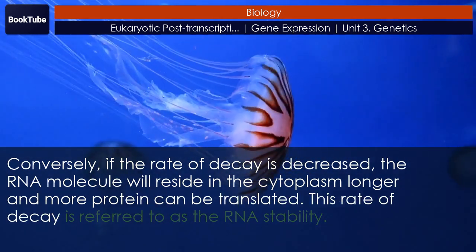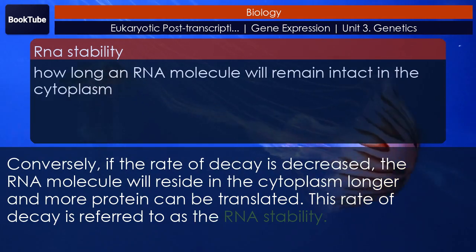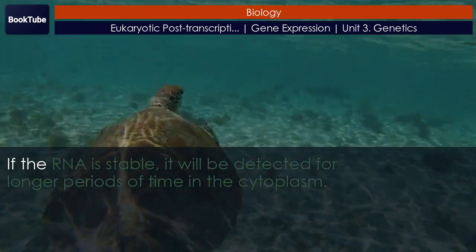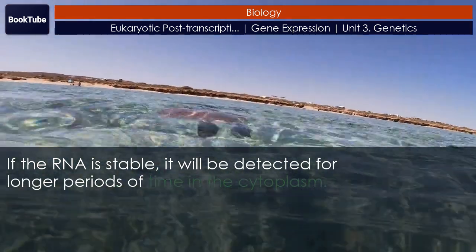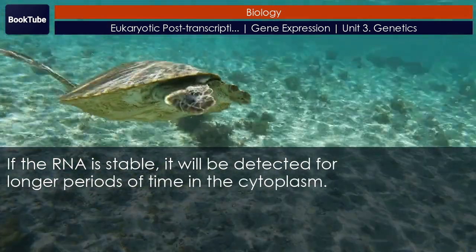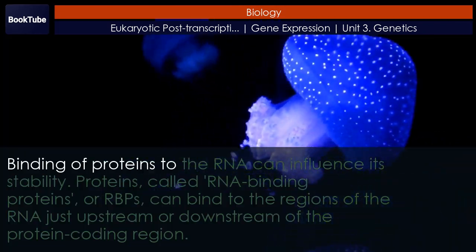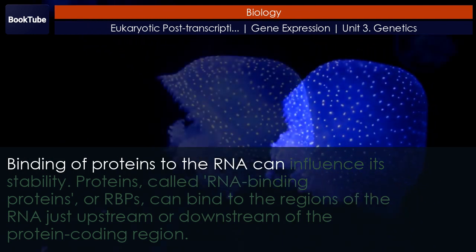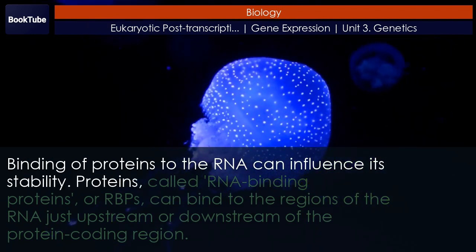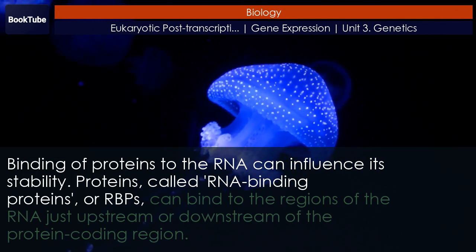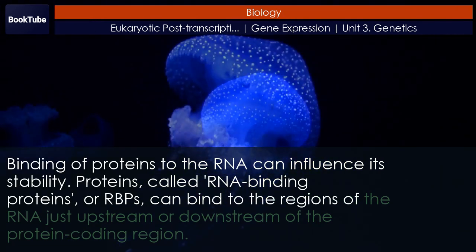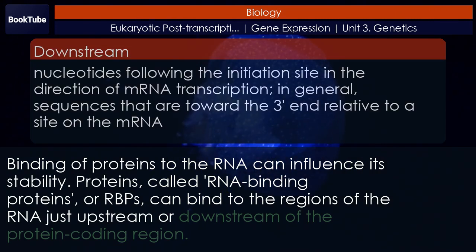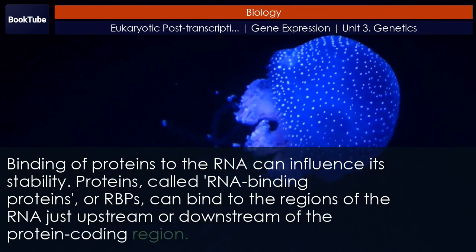This rate of decay is referred to as the RNA stability. If the RNA is stable, it will be detected for longer periods of time in the cytoplasm. Binding of proteins to the RNA can influence its stability. Proteins, called RNA-binding proteins, or RBPs, can bind to the regions of the RNA just upstream or downstream of the protein coding region.